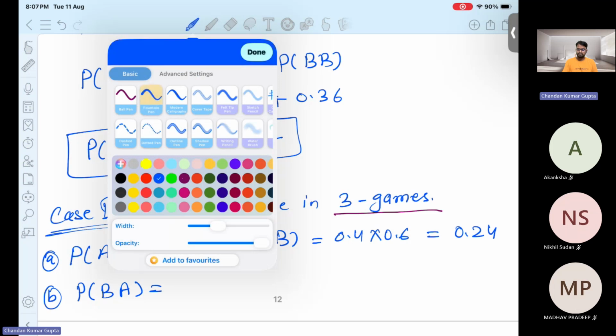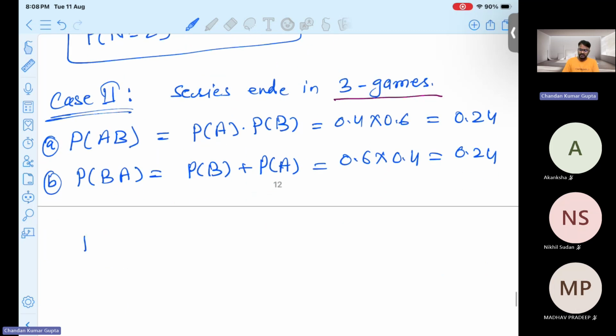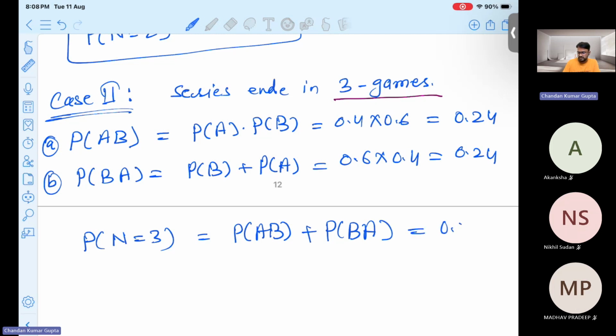So this is the probability of B plus the probability of A, which is again 0.6 times 0.4, 0.24. So the probability that the series will end in 3 games is the probability of AB plus the probability of BA, 0.24 plus 0.24, which comes out to be 0.48.